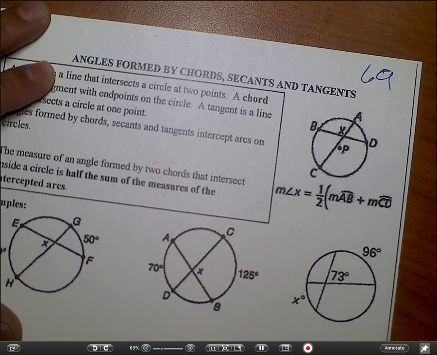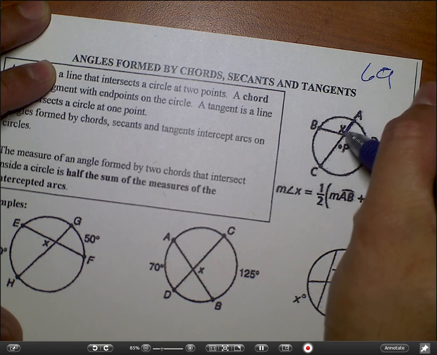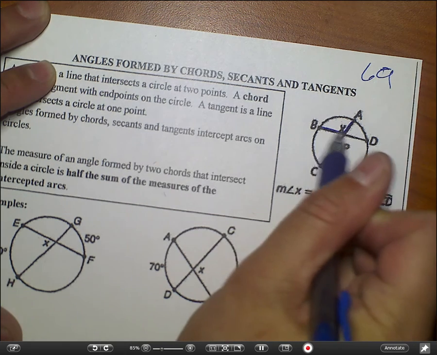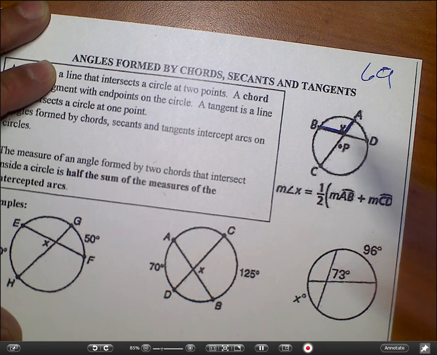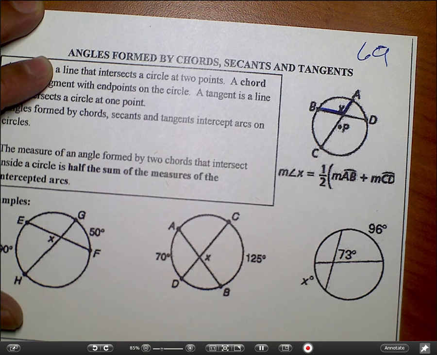So I'm going to find out where the angle is, the angle on the inside. So if they cross on the inside, I'm going to trace over my angle. What are my endpoints here? What are the endpoints there? B what? Say BA. BA.